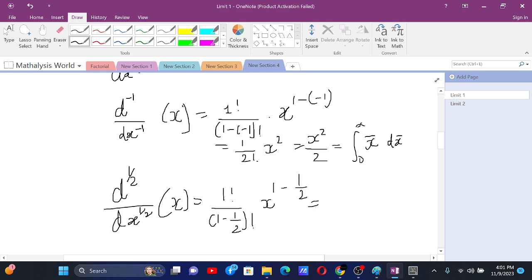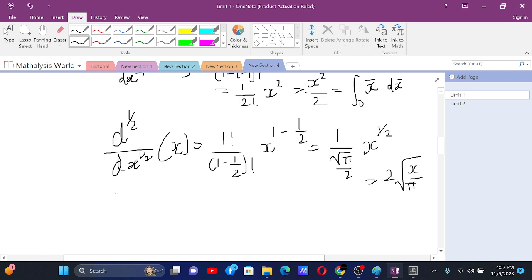Now half factorial is just root pi by 2, and x to the power 1 by 2. So this will give us 2 times root x by pi. So this was our d^(1/2) by dx^(1/2) of x.